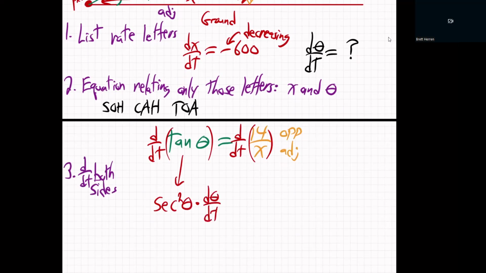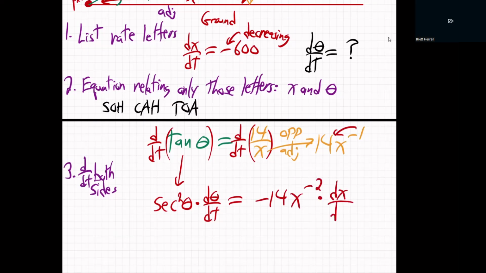Equals, now this side, I'm going to write as 14x to the minus 1. The derivative brings down the minus 1, so it'll be minus 14x to the minus 2 times dx/dt. Chain rule in both cases.